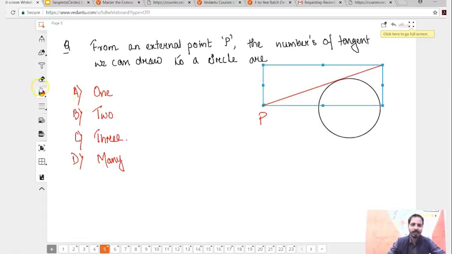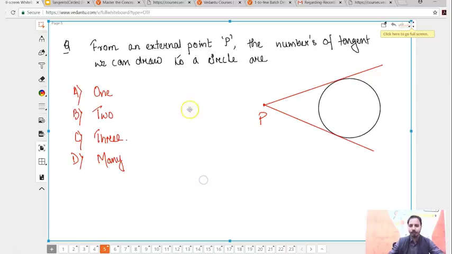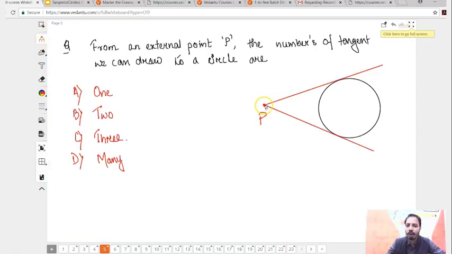Let us see if we can draw any more. This is not a tangent, not a tangent. Yes, we got one more tangent at this particular point. So if you see properly, we can draw only two tangents to a circle from one external point. This is the circle and this is the external point, and I can only draw two tangents. So the answer is 2. Got it? Any doubt, guys?